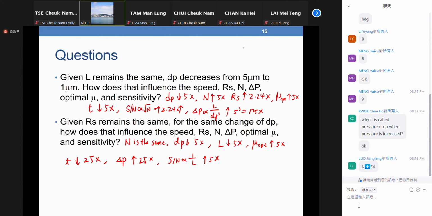One thing you see is that the optimized flow rate doesn't matter whether L remains the same or resolution remains the same. Once dP decreases by some number of times, it will increase by that many times.